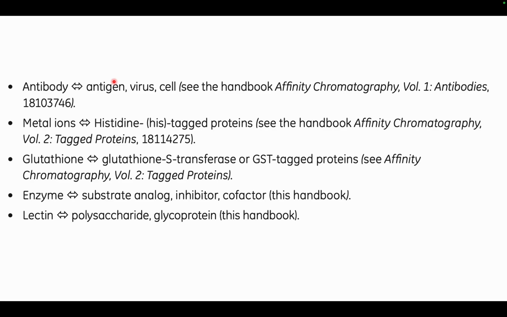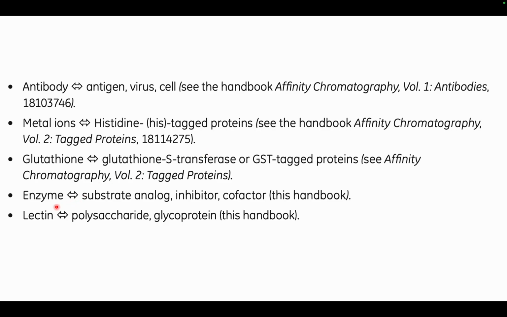So we can make use of this interaction in our chromatography itself, where you can immobilize either the antibody or the antigen in our column and then pass the other partner in the buffer, and that will bind to our column. Some other things like glutathione S-transferase binds to glutathione.